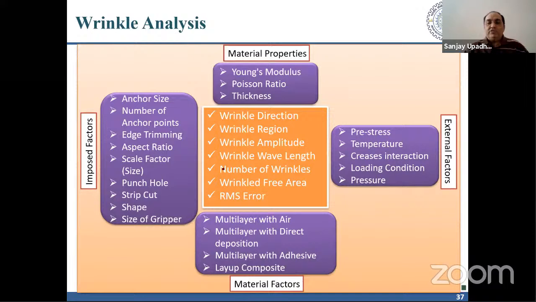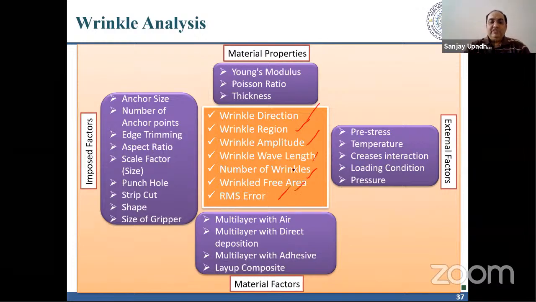So now we will go to the technical part. First we have studied the wrinkle analysis. Why is it required? If you see, the inflatable structure on the ground station is in the folded condition. And when we inflate it, a wrinkle free area is required. So we have studied wrinkle directions, wrinkle regions, wrinkle amplitude, wrinkle wavelength, number of wrinkles, wrinkle free area, and RMS error.